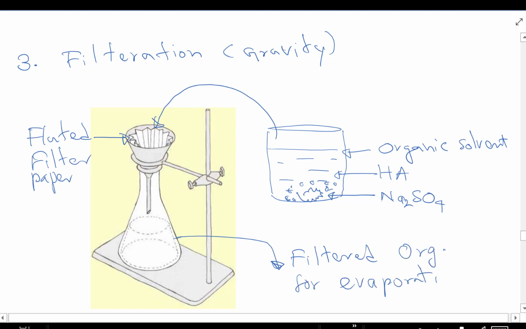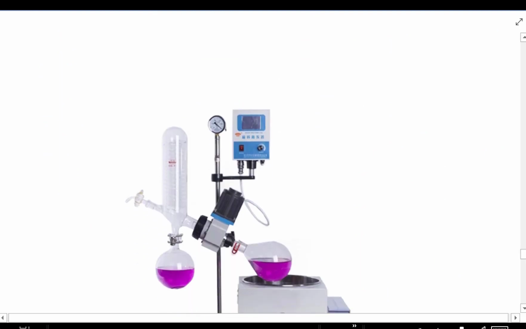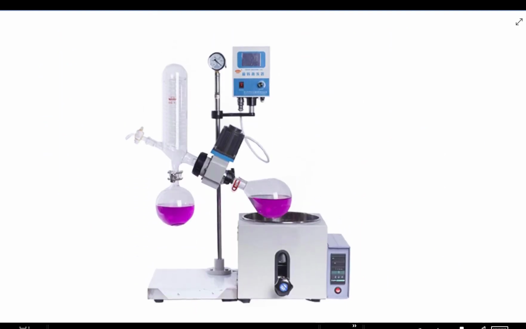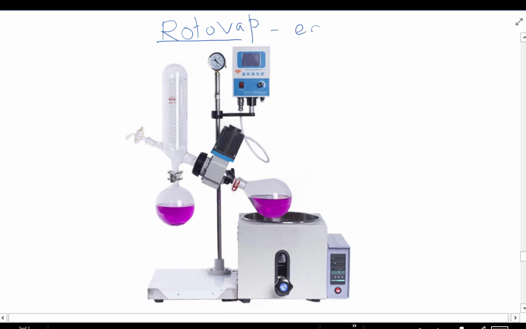Now we need to do the evaporation, so we are going to use a rotovap. This looks like a normal rotovap, right? They could be slightly different from one to the other. But what's the important thing? The solvent evaporation is done by this one.